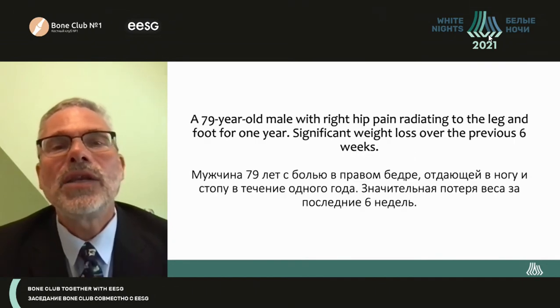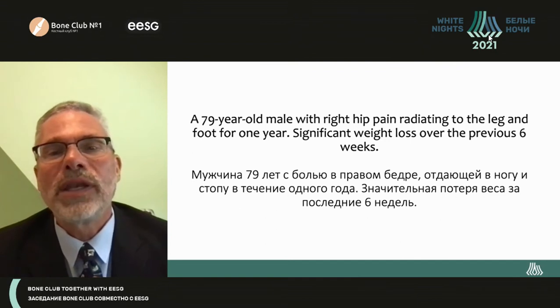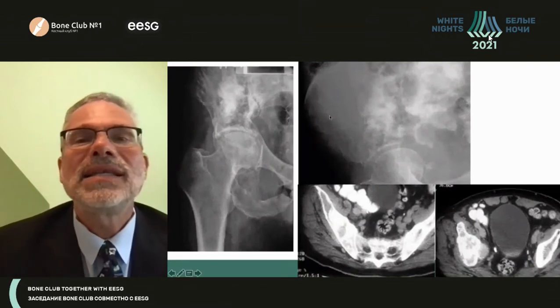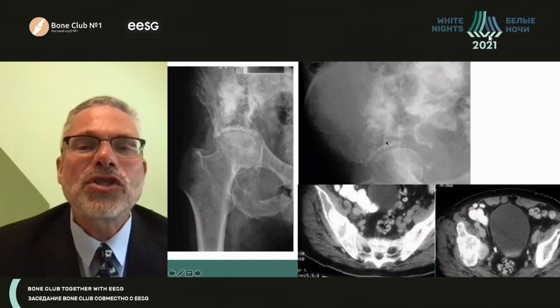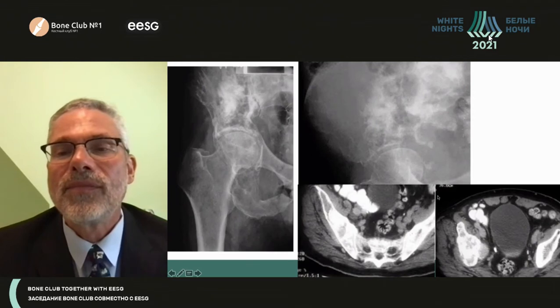This is a 79-year-old male with right hip pain radiating to the leg and foot for 1 year, significant weight loss over the previous 6 weeks. And here we see this density in the right ilium with some speckled calcifications that resemble chondroid calcifications.